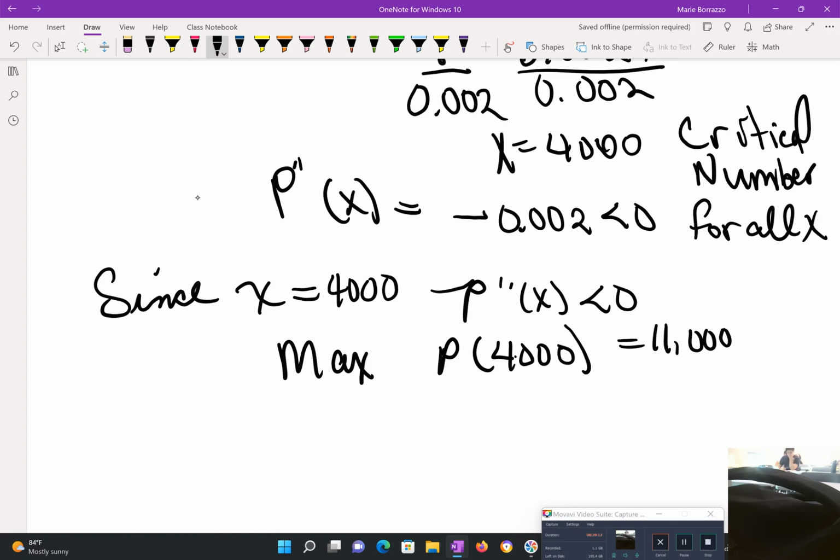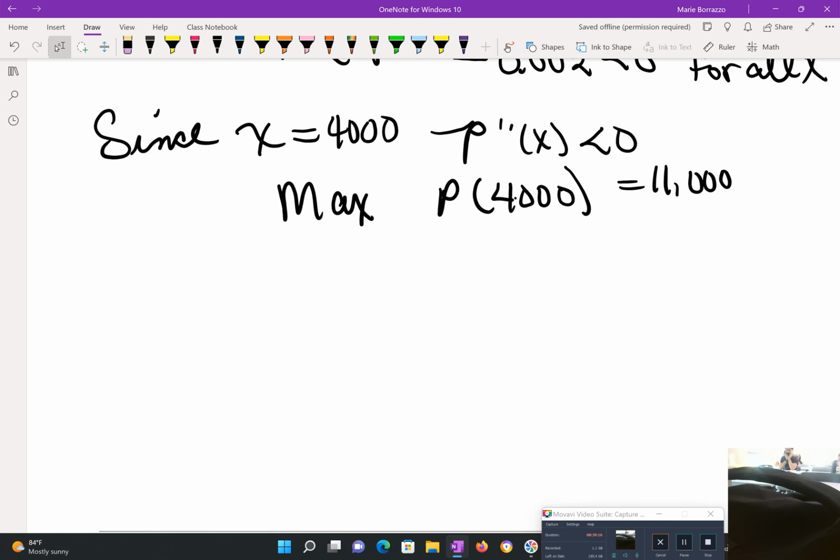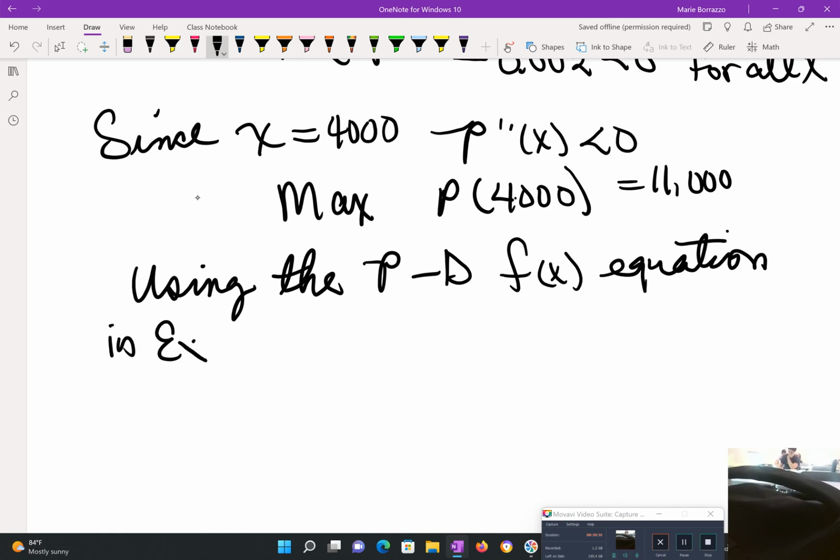So we're using the price demand function equation in example 3 with x equal to 4,000.